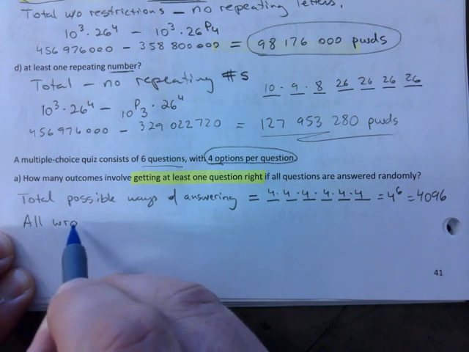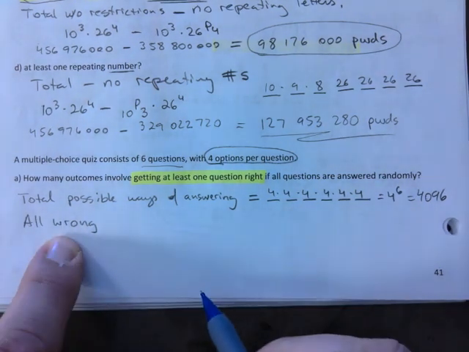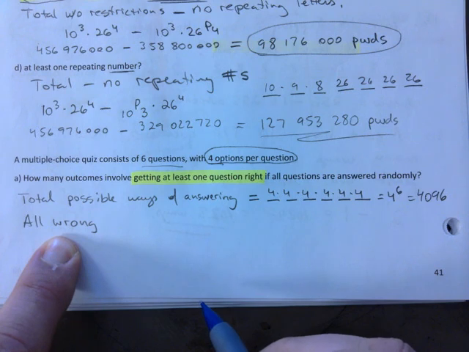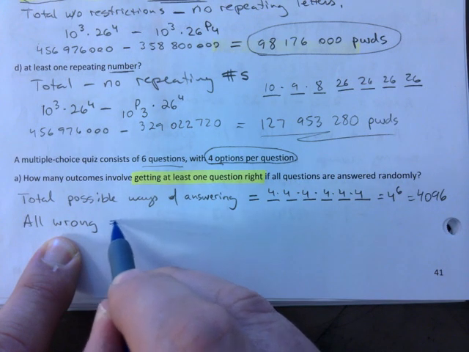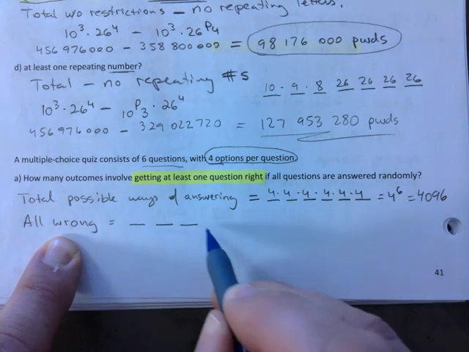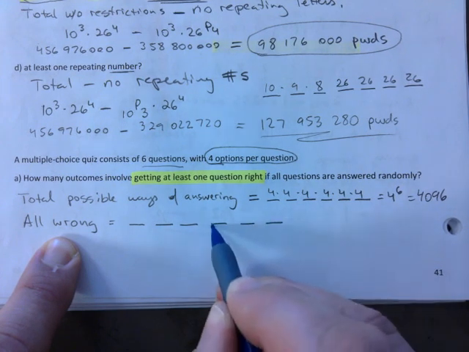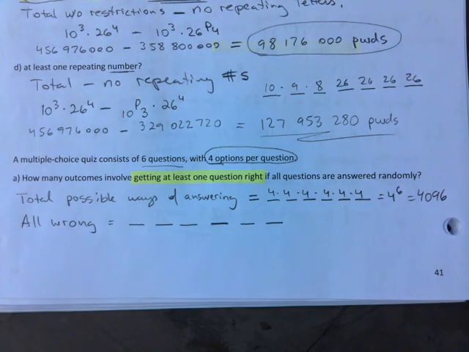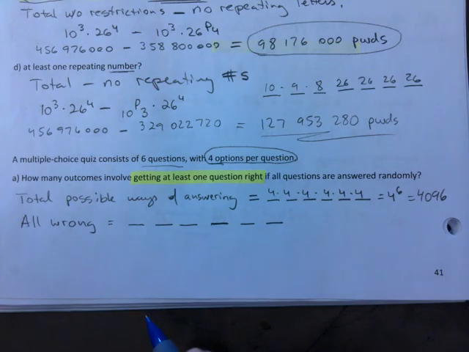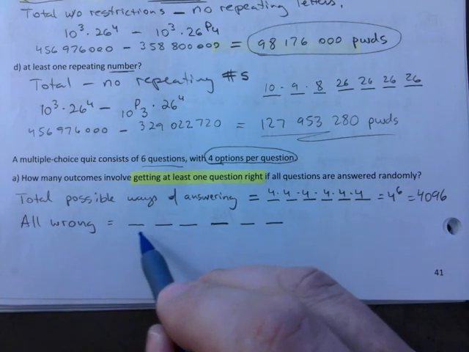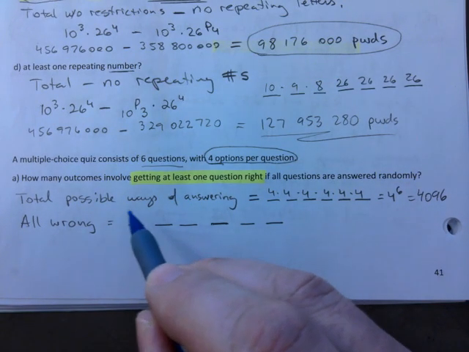Let's get rid of the options where you get every single one of them wrong. So we go 1, 2, 3, 4, 5, 6. How many wrong ones are there in the first one? How many wrong options are there?